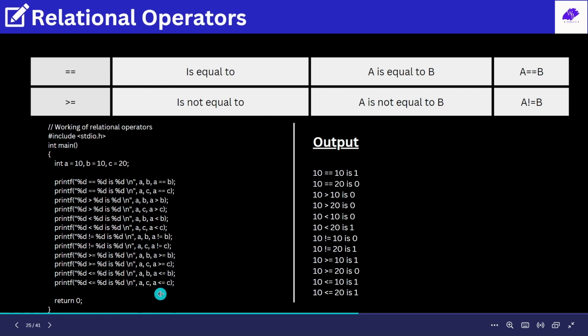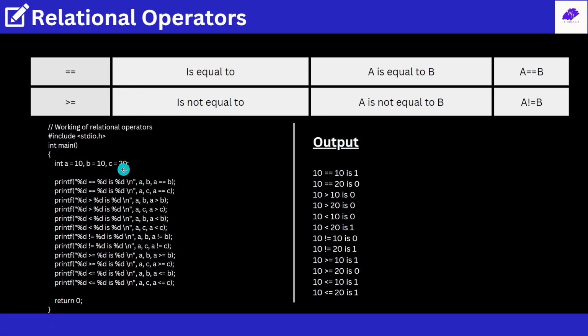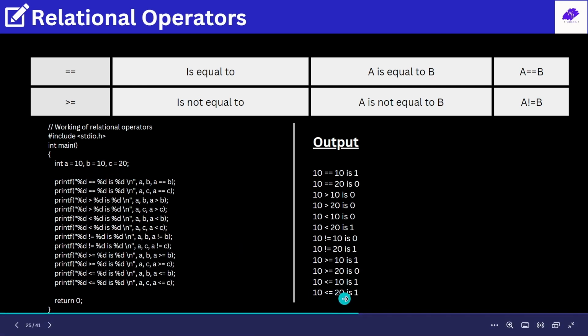So it is true: 10 is less than equal to 20 is 1, that is true. So this is a use of a relational operator. Let's move on.